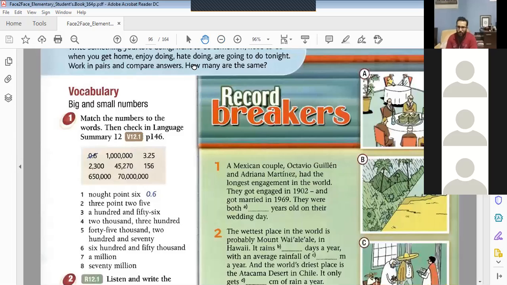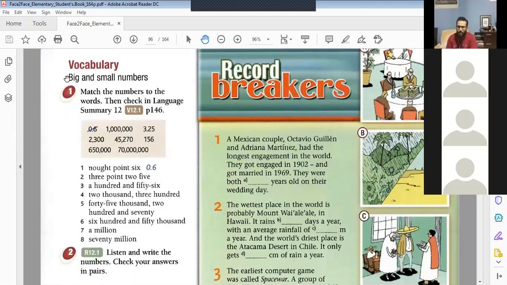All right, now we have vocabulary, big and small numbers. It says here, match the numbers to the words. So let's read them and match them to the numbers.